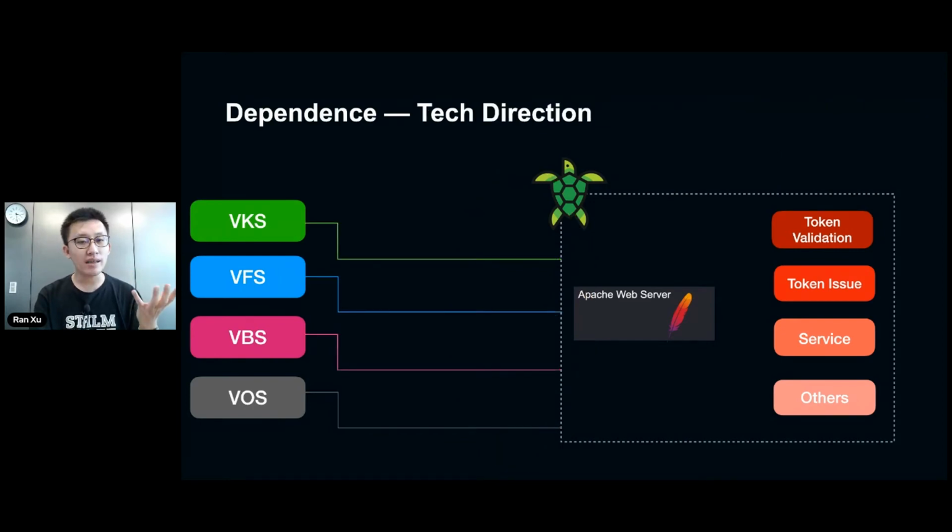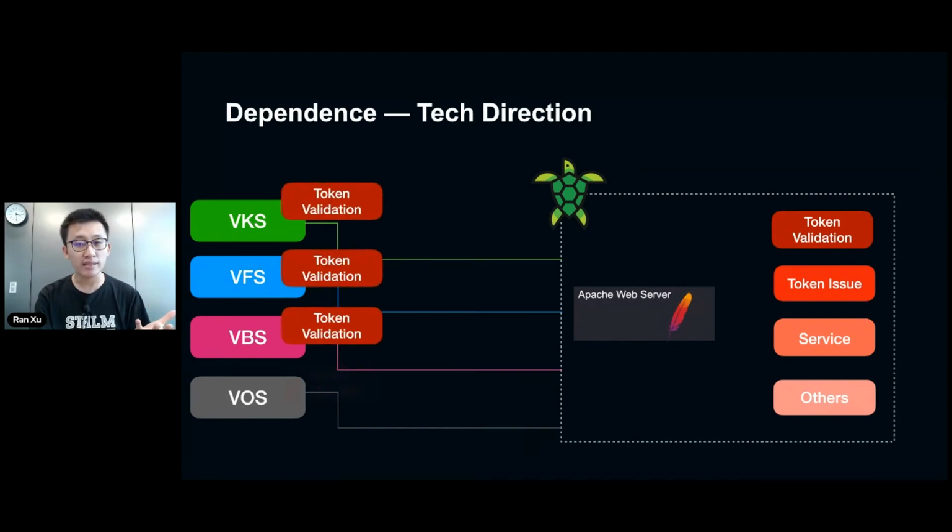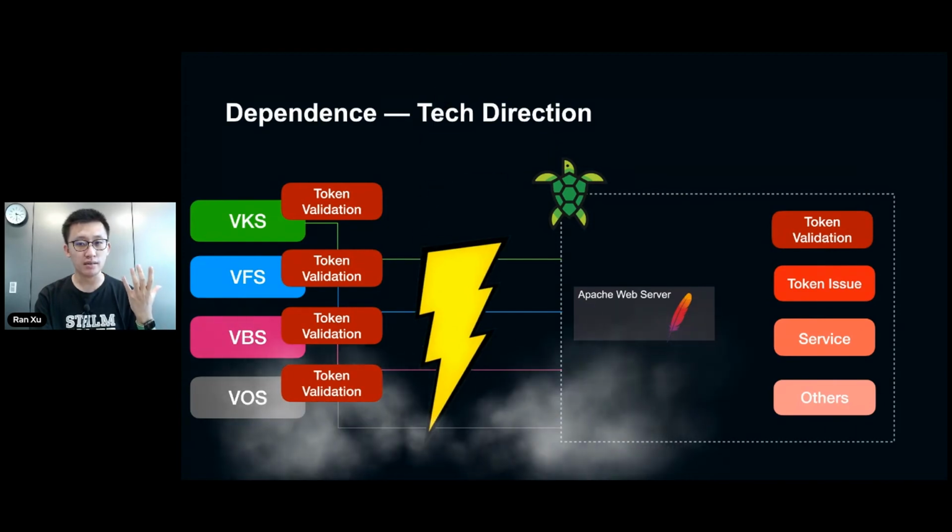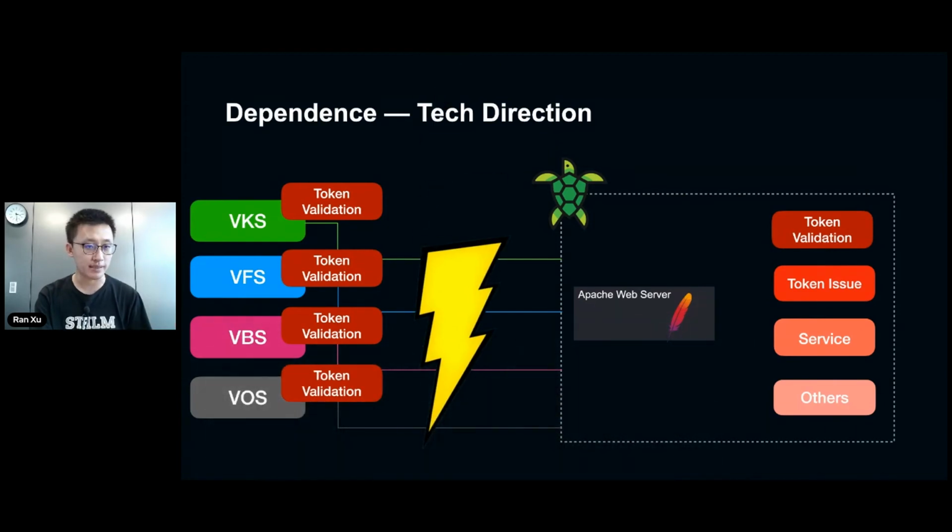Because we already knew the token validation is the most used feature by other infrastructure services. If we can move the token validation work from the server side, I mean the Keystone side, to the edge client side, we could remove a huge part of the unnecessary dependency between the infra services and the Keystone services.